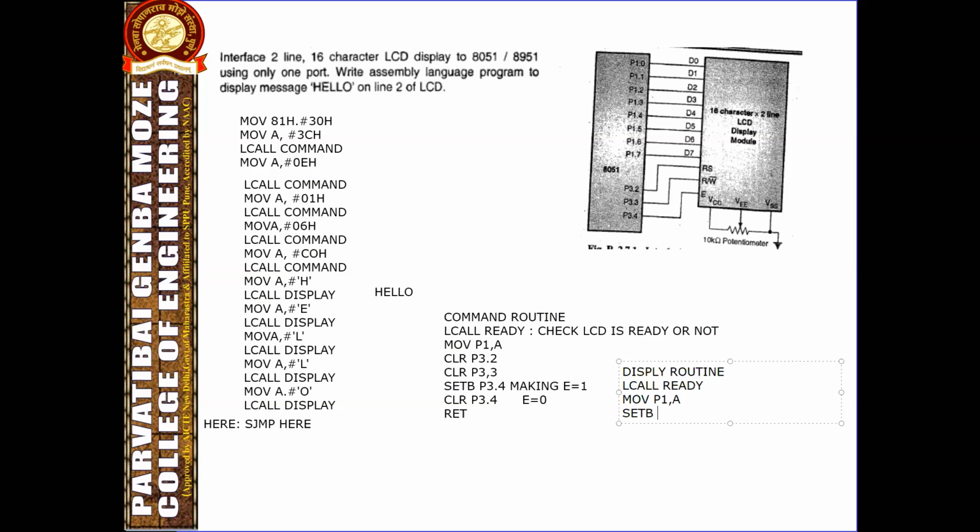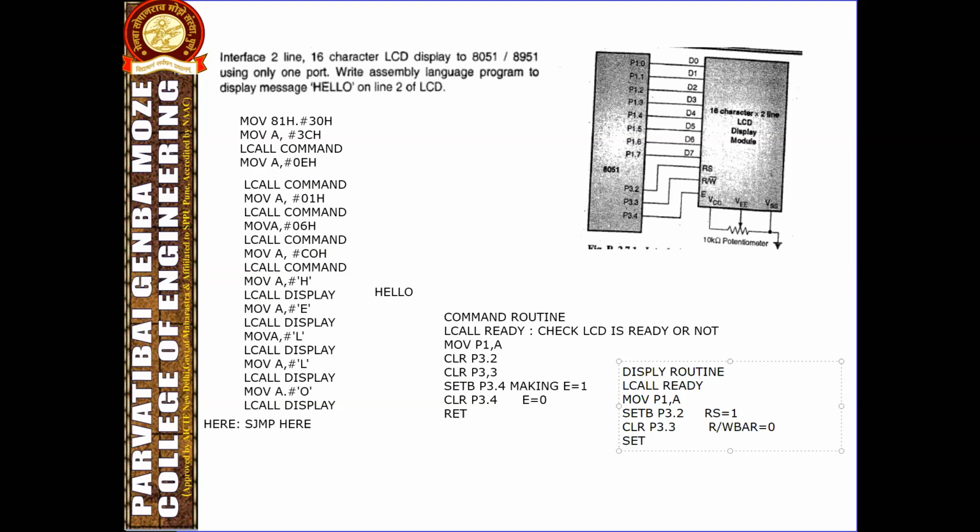Then we have to set bit P3.2, that is RS equal to 1. To send data, we have to make RS equal to 1. Then clear P3.3, because we want to perform a write operation. So we make this bar equal to 0. By making this bit 0, it will perform the writing operation.